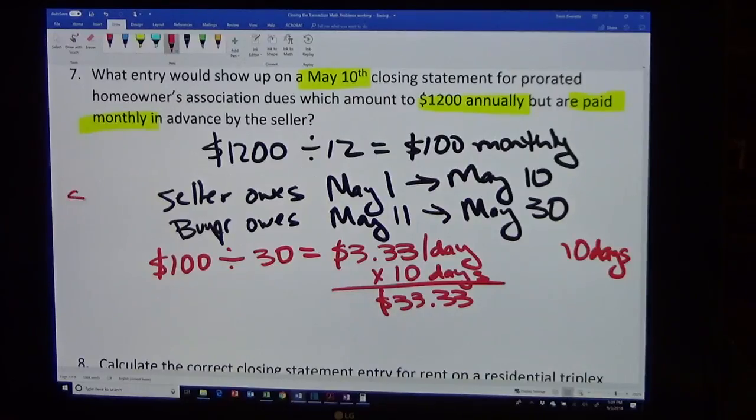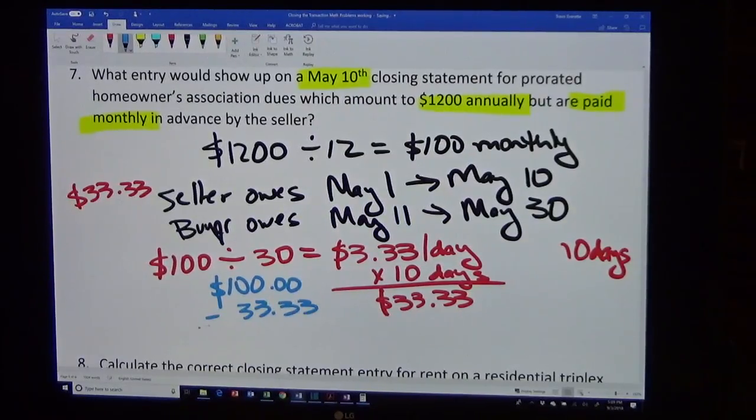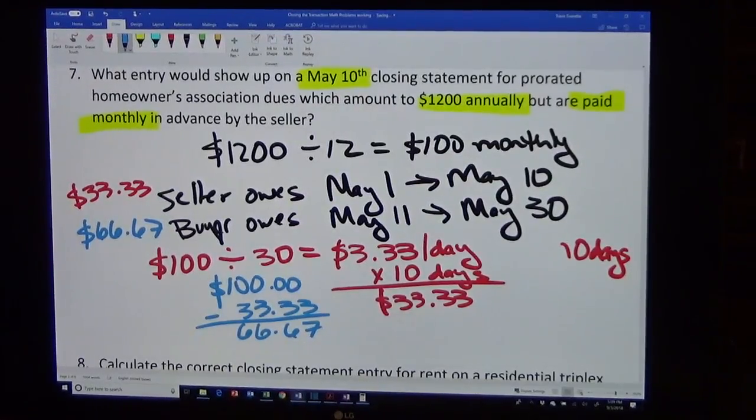So the seller's portion is $33.33. And just like before, we can do the difference to get the buyer's portion. Well, if it's $100 a month and the seller's paying $33.33, that means the buyer must owe $66.67. So we'll put that up here with the buyer, $66.67.